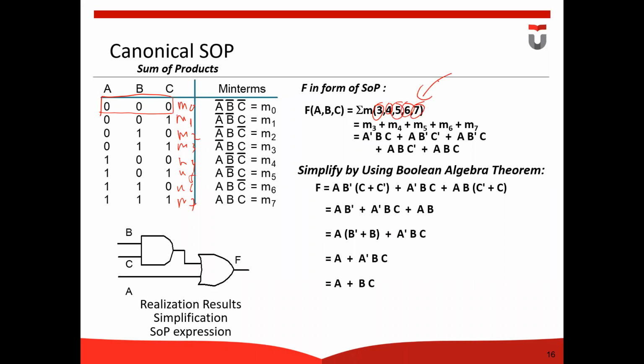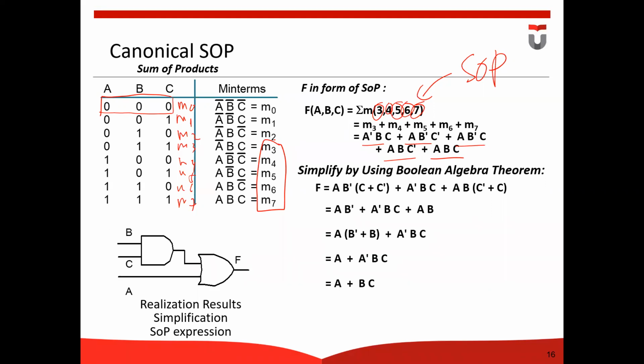This is the member of our SOP. So instead of writing A naught BC, AB naught C naught, AB naught C, ABC naught, ABC, etc., we can just identify the member numbers, which are 3, 4, 5, 6, 7.